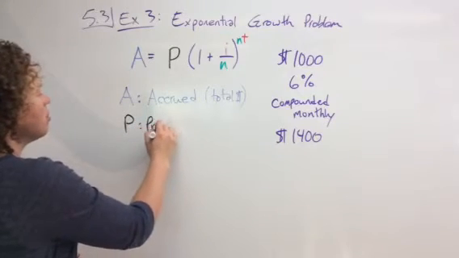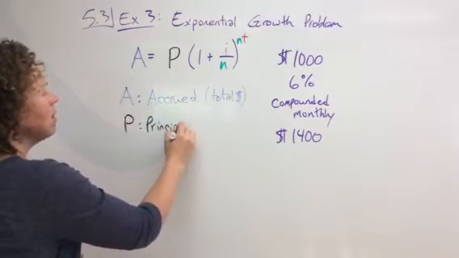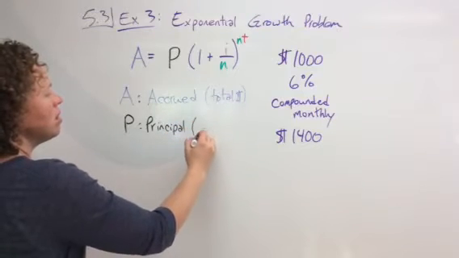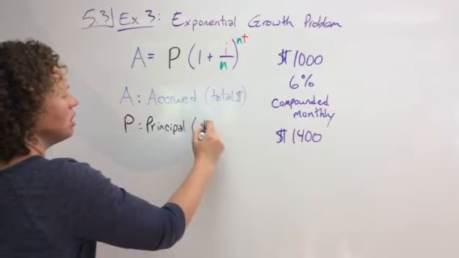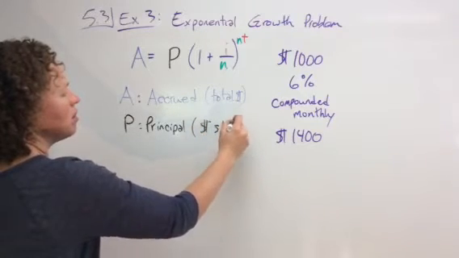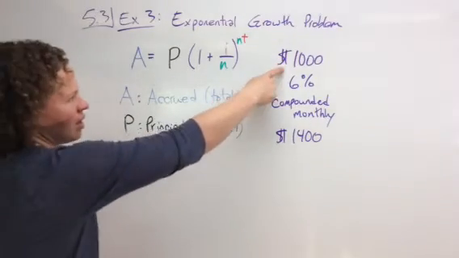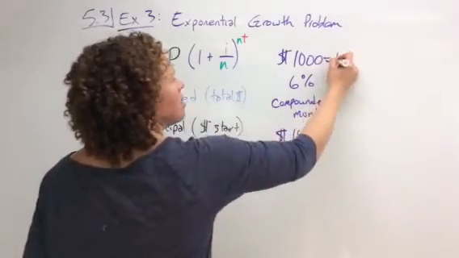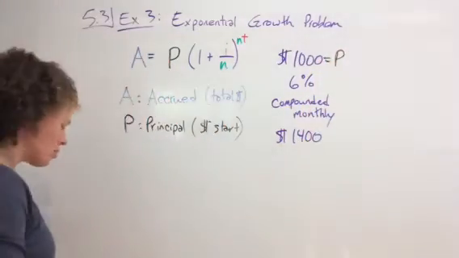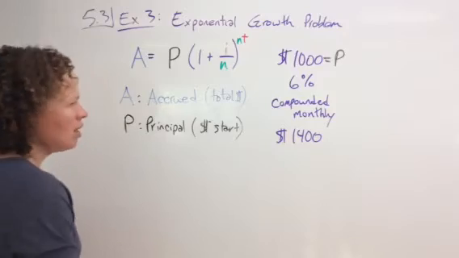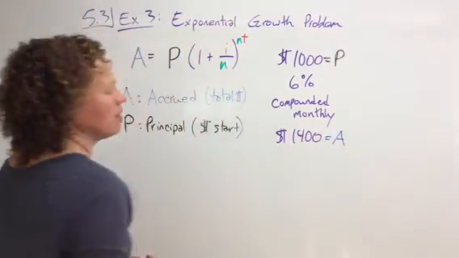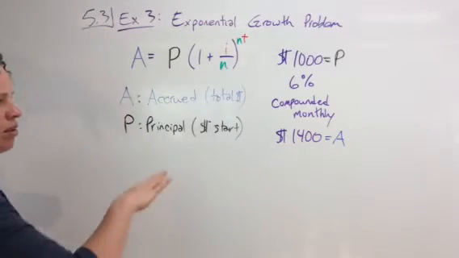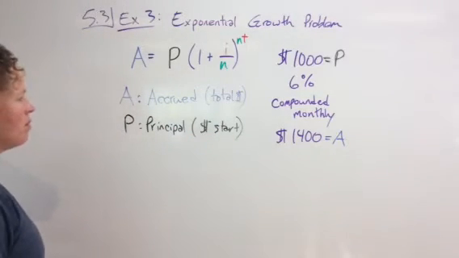So the principal is the amount you start with, the money that you start with. So in this case, we know that this is our principal. And we could even add that this one, because it's what we want in the end, is actually our A. So as we go along, we're just going to identify what those values are.